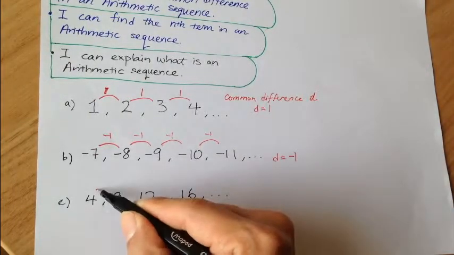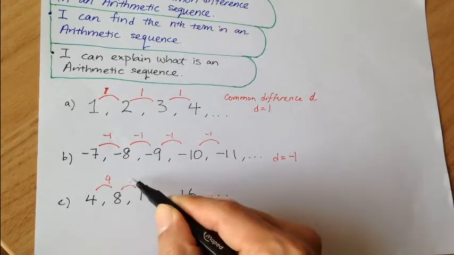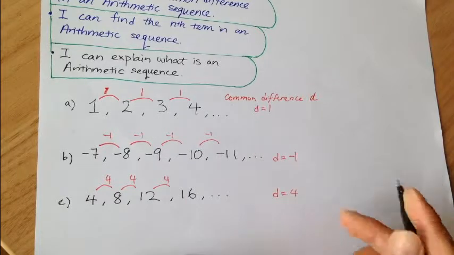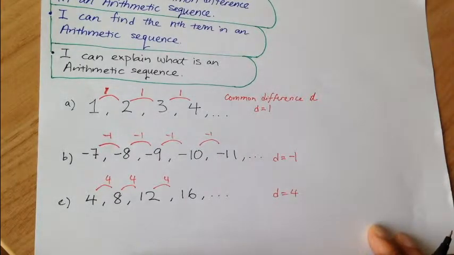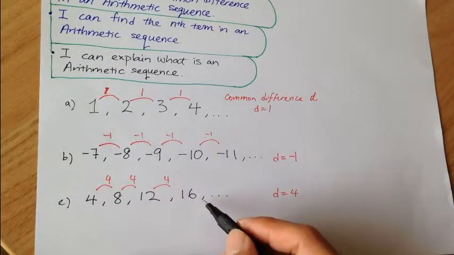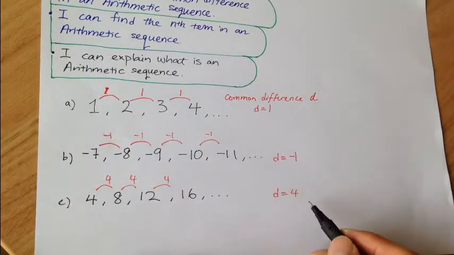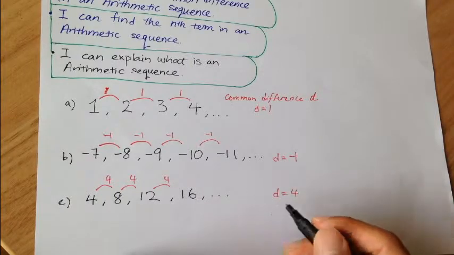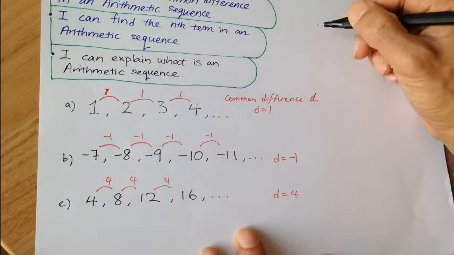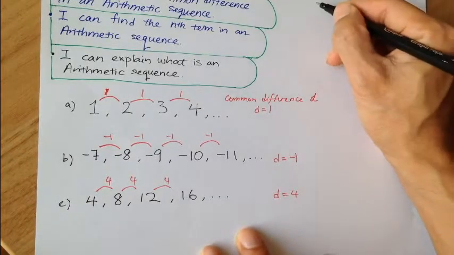For C, the common difference is 4. So D is equal to 4. And for an arithmetic sequence, the dot dot dot means the process will continue forever. That is, the difference between any two numbers is always 4. And we summarize that using this.